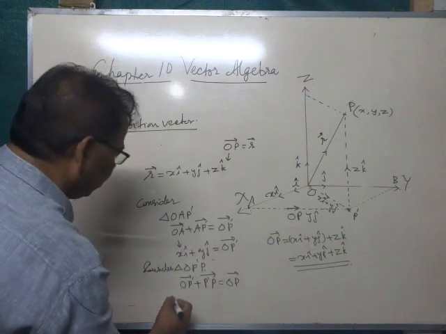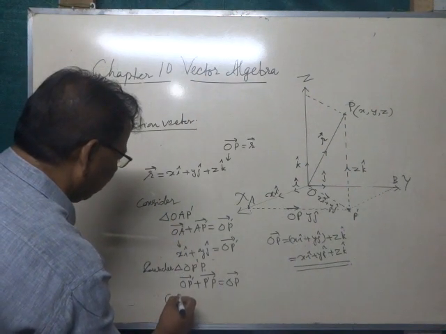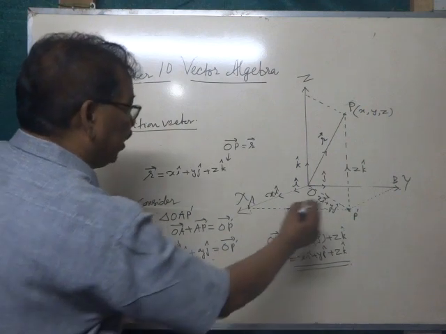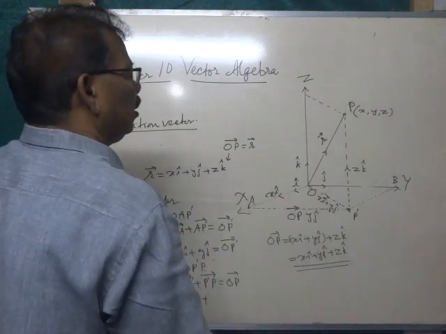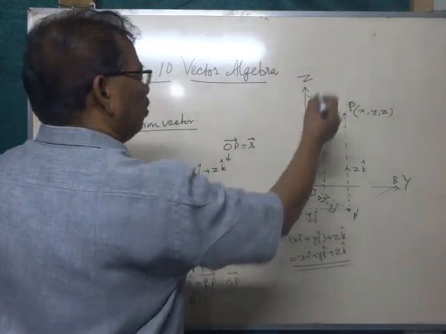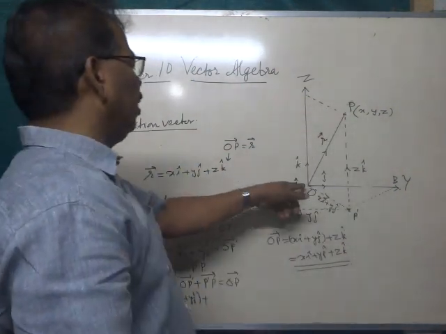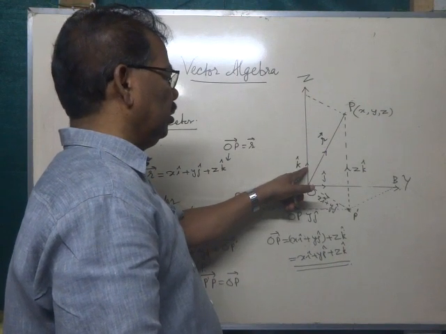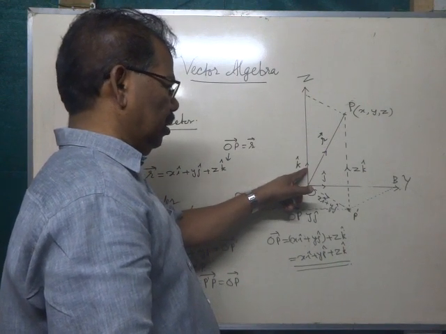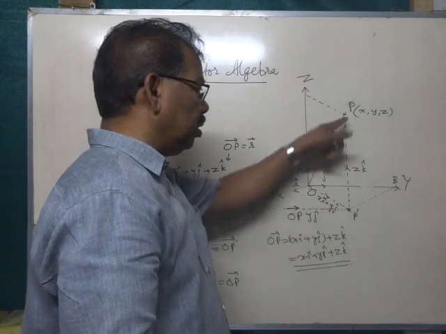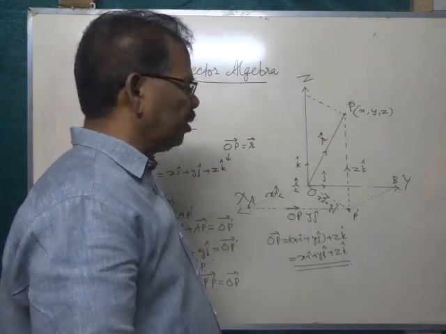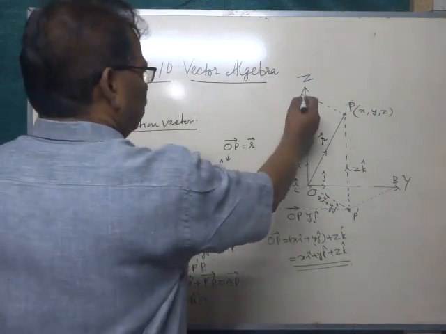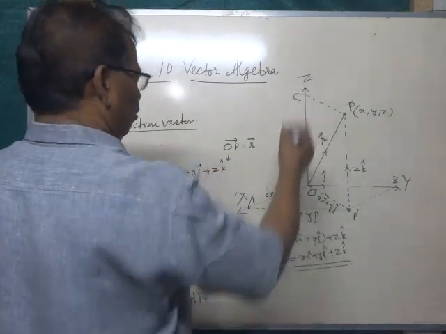Now OP dash is equal to x i cap plus y j cap, and P dash P is equal to z k cap. If k cap be the unit vector along OZ, then P dash P must be equal to z k cap, which is the same as OC.